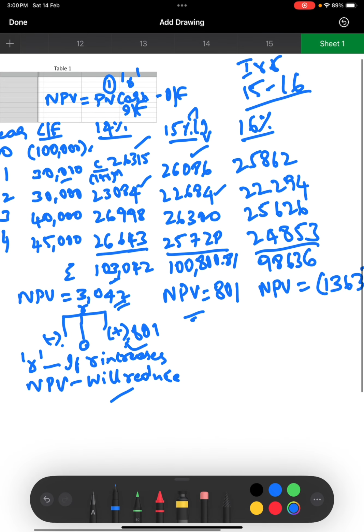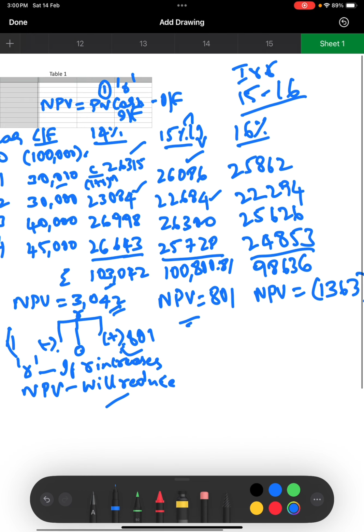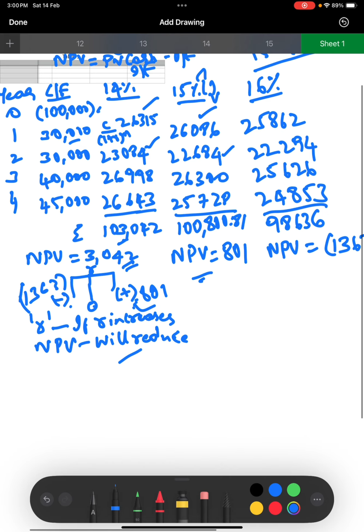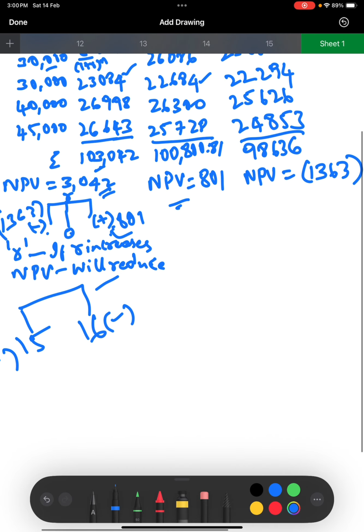The positive NPV we got is 801 and the negative is minus 1363. So now it's very clear that the IRR is between 15 and 16. The 15 is a positive NPV value and the 16 is the negative NPV value.